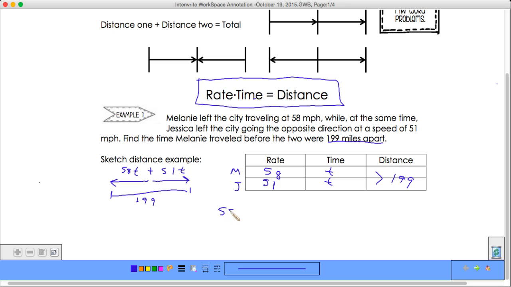So my equation is 58t plus 51t equals 199. Combining like terms, that gives me 109t equals 199. Then I can divide, and I get t equals 1.83 hours.